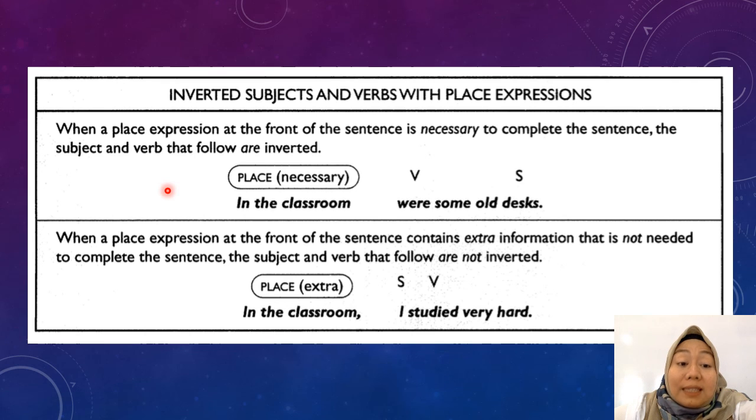But when a place expression at the front of the sentence contains extra information that is not needed to complete the sentence, the subject and verb that follow are not inverted. For example, in the classroom, I studied very hard. So this one is not necessary to complete the sentence, so we do not invert the subject and verb.